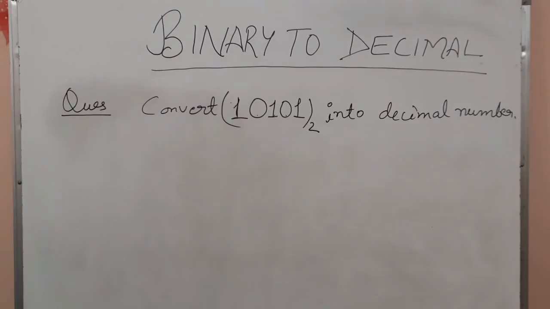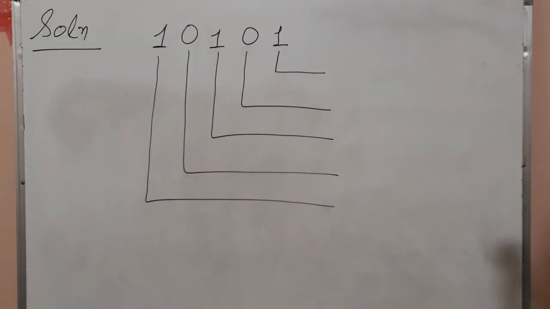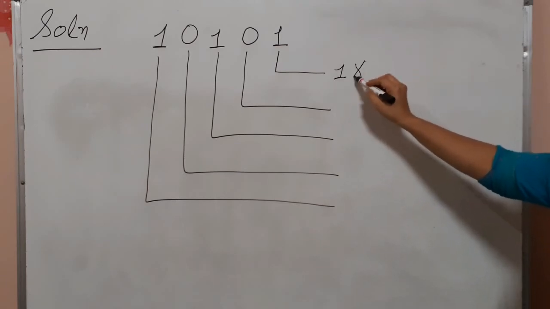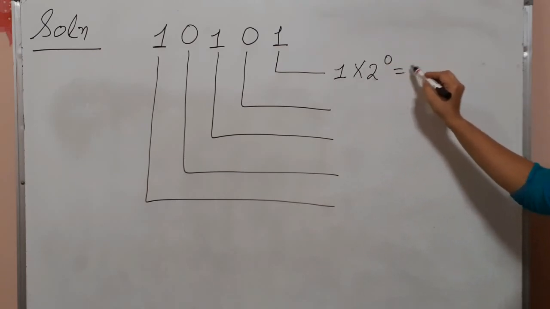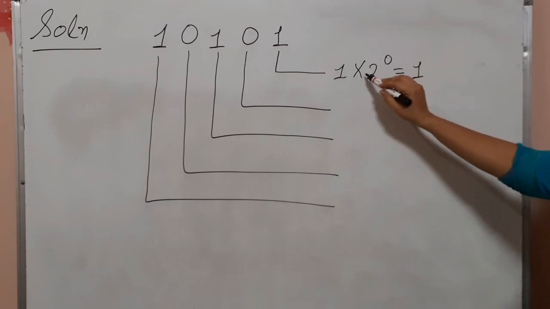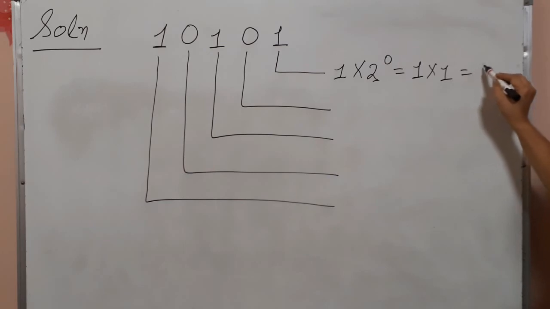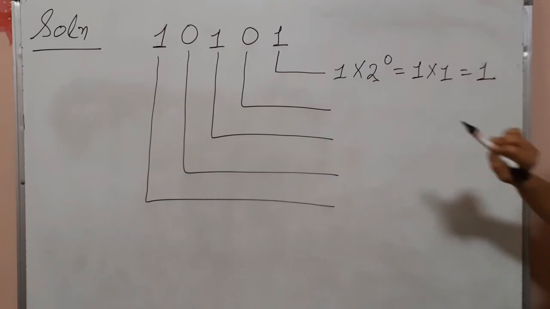Let's take another example. Convert 10101 into a decimal number. Now for the solution of the question, I have written the number in the form of this structure. Now I will start solving it. 1 multiplied by 2 to the power 0 is equal to 1 multiplied by 1 equals 1.